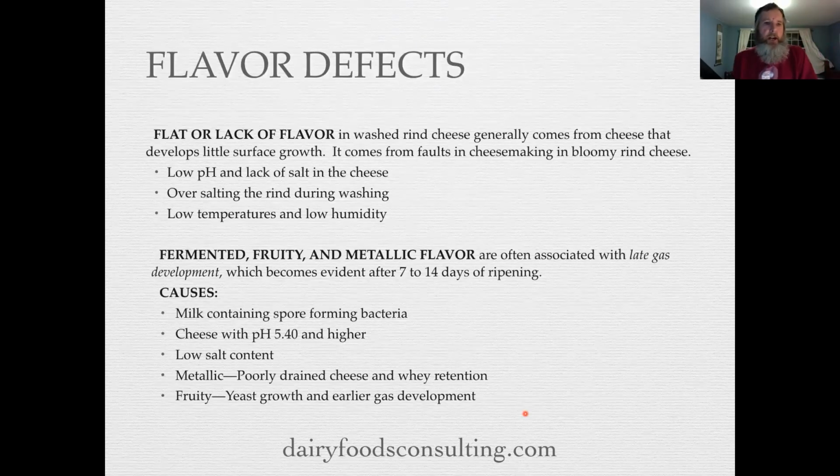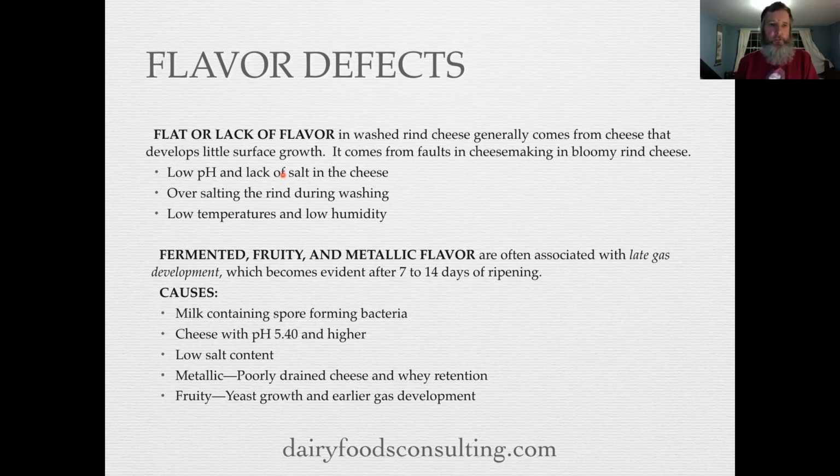Flat flavor or lack of flavor, salt is a big deal in terms of flavor development. And with the wash rind cheese, we're actually looking at, on the other side, that we've just used too much salt on the rind, so the microbes never grew in well.